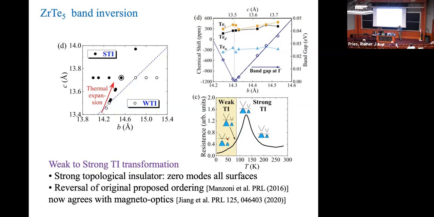Weak versus strong topological insulator has to do with the different invariants and which surfaces have gaps. In any case, our proposal now agrees with the general behavior, but there is a transformation, a Lifshitz transformation. The gap closes and opens, and in the process, there's a change in the topology of the bands, and that's the general result.